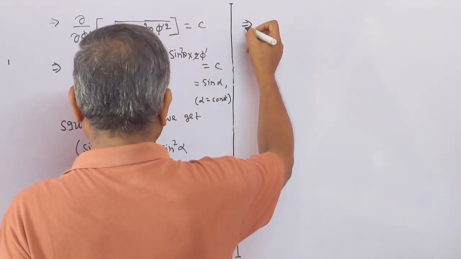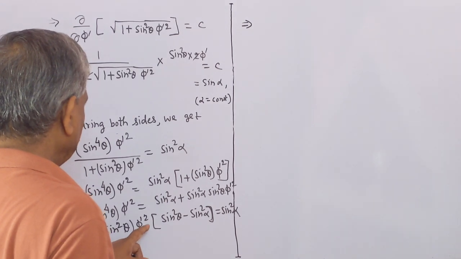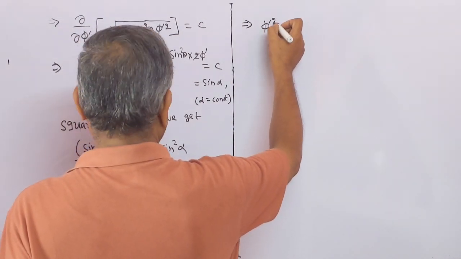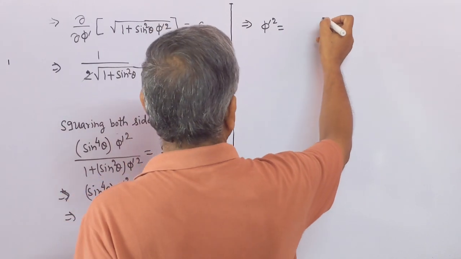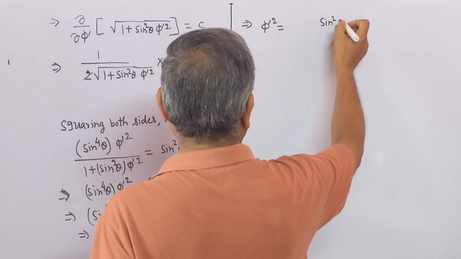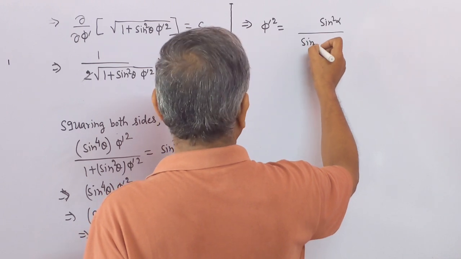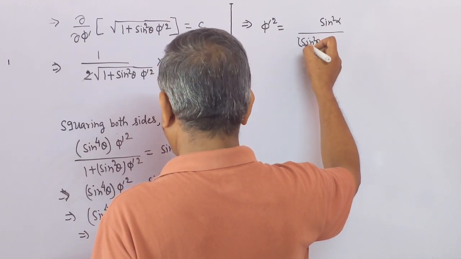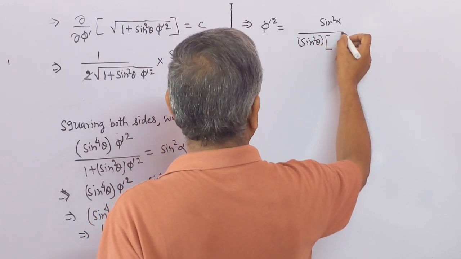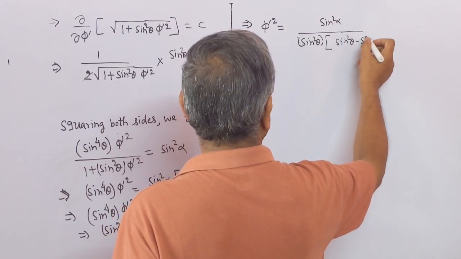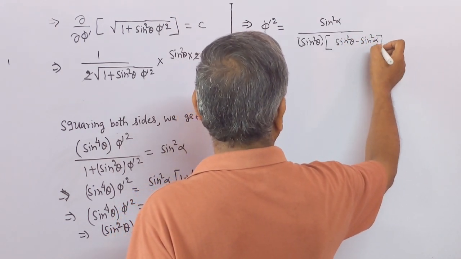Implies that phi prime square on the left side and right side sin square alpha by sin square theta multiplied by sin square theta minus sin square alpha.